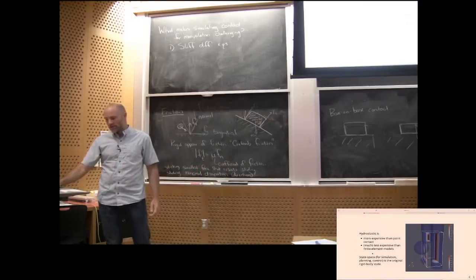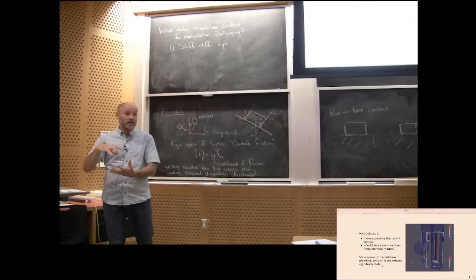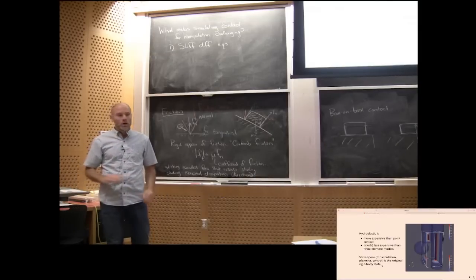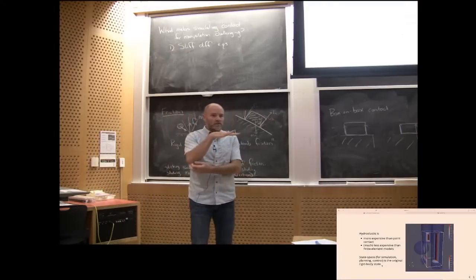That's what it means when I said the state space for simulation and planning is the original rigid body state. It's not adding state to track the shape of the surface. What does it do with friction? Friction in hydroelastic is applied in a similar way.